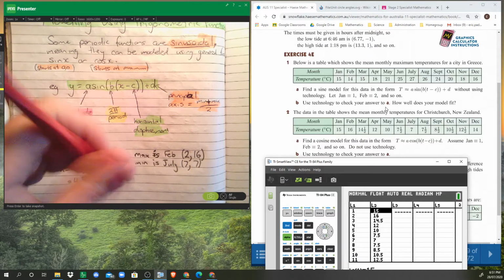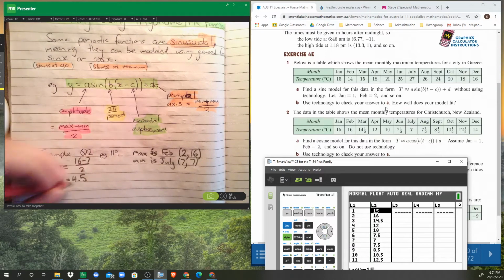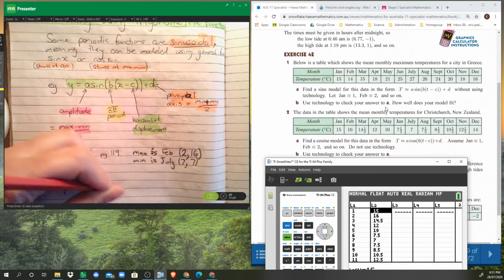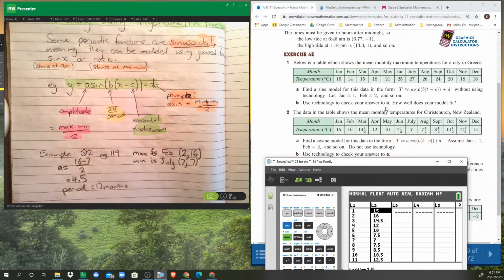So I'm going to presume the period, this is the amplitude, the period, I'm going to presume is 12 months. That makes some sense for how we understand seasons.